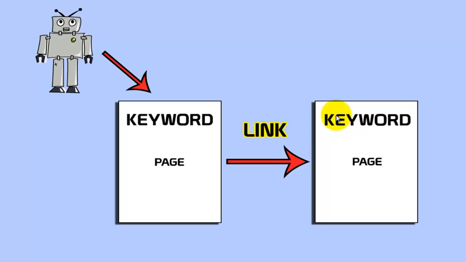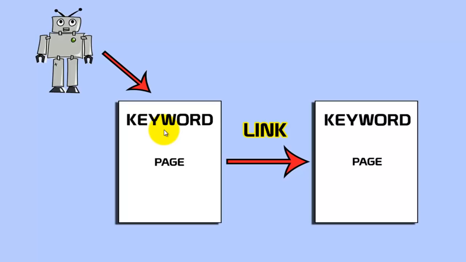So let's imagine that this is one of your website pages. What happens is a crawler goes to one of your website pages, sees the keywords that you have inside of that website page, and as I said, a keyword is nothing more than a search term, and based on those keywords they know exactly what that website page talks about.